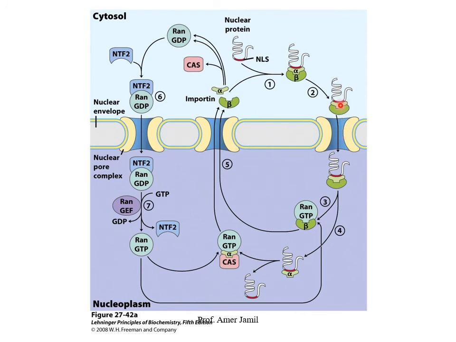Along with these factors, there are certain channels from which these proteins are transported inside the nucleoplasm. So once inside the nucleoplasm, these factors are released and the protein is destined to its target place.